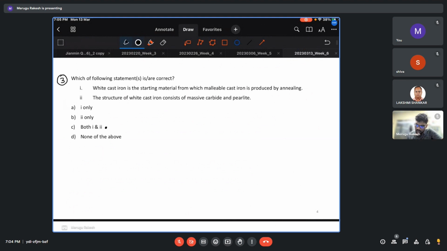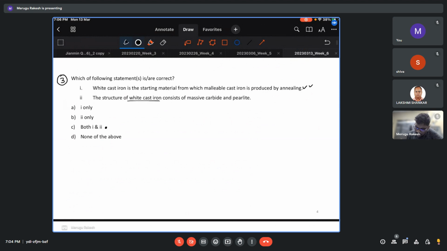Let me read. So the following statements are correct. White cast iron is the starting material from which malleable cast iron is produced by annealing. This is the correct statement. The structure of white cast iron consists of massive carbides and pearlite. This is true.